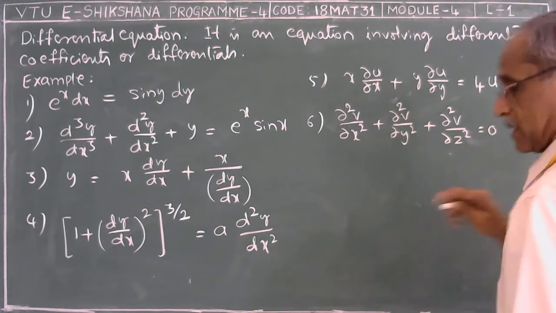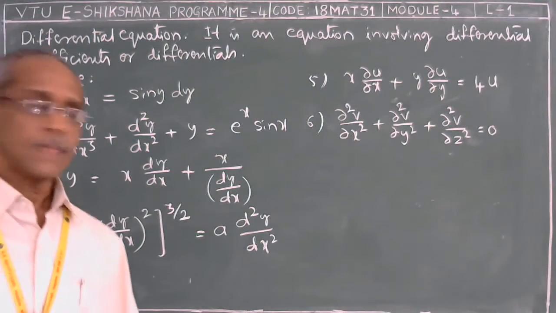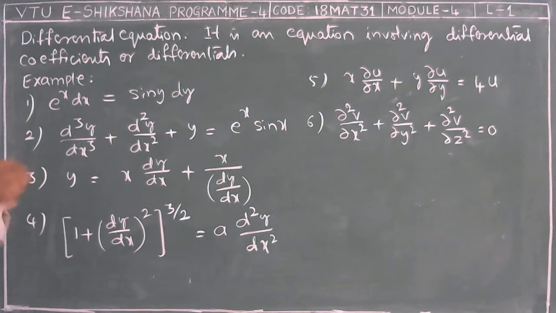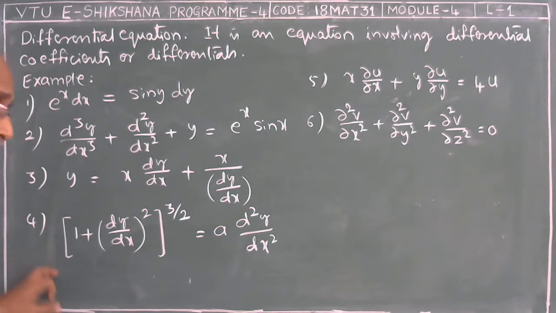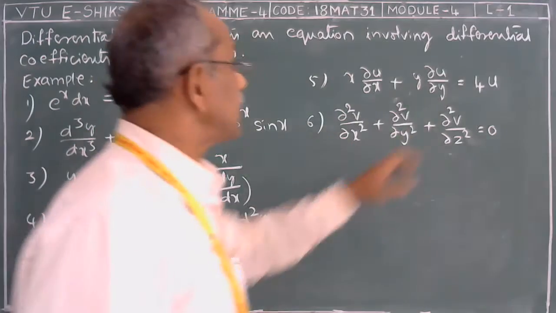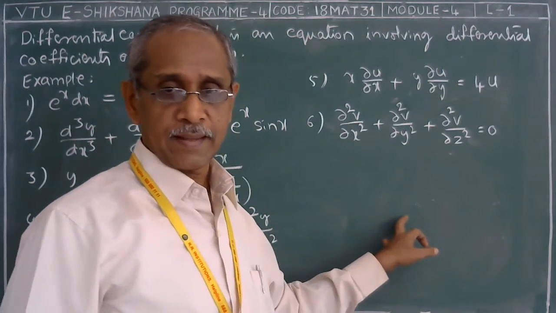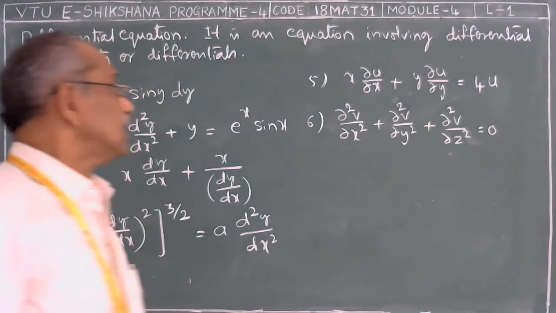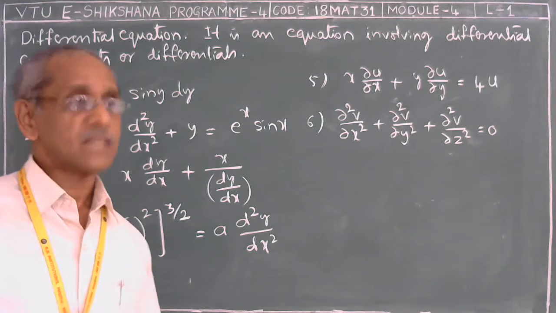All these differential equations contain differential coefficients. As you see here, there are two types of differential equations. Equations 1 to 4 belong to one category and equations 5 and 6 belong to another category.